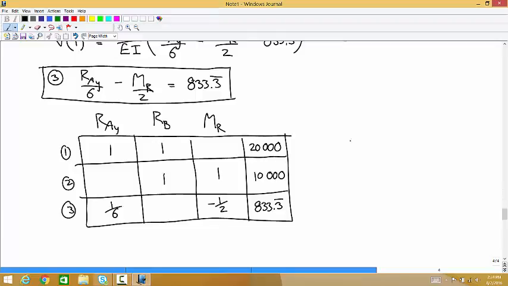I think you get an R_A y that's equal to 12,500, an M_R that's equal to 2,500, and an R_B that's equal to 7,500.